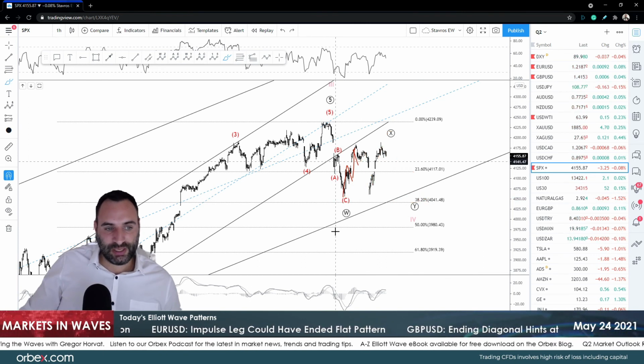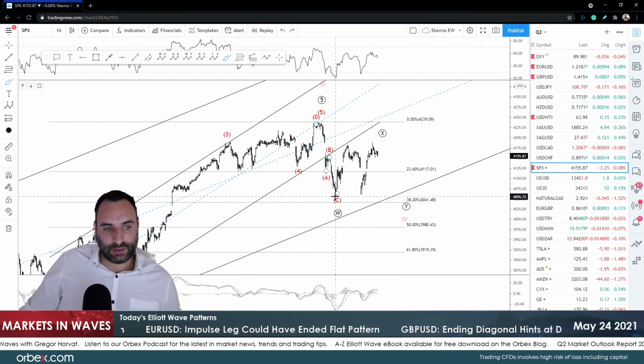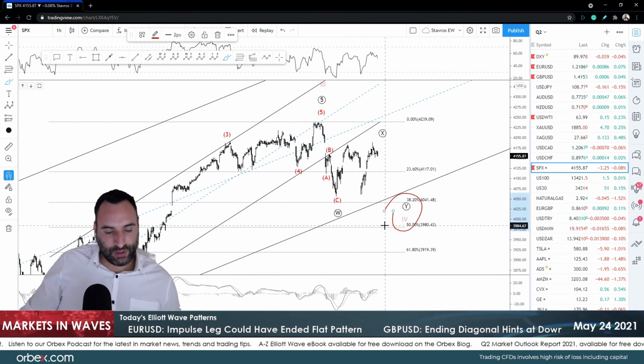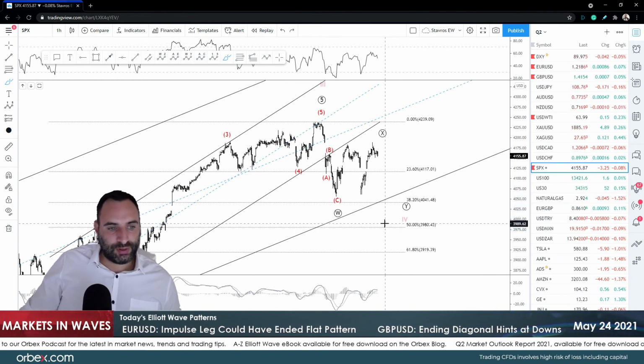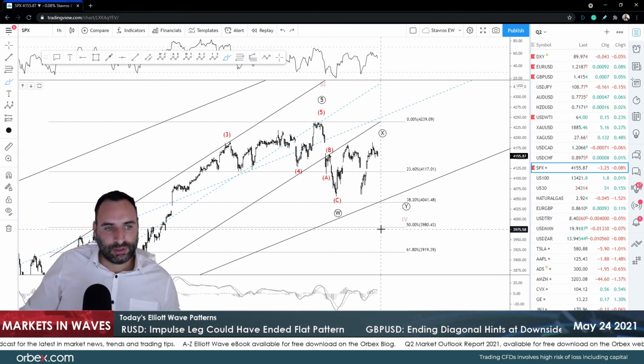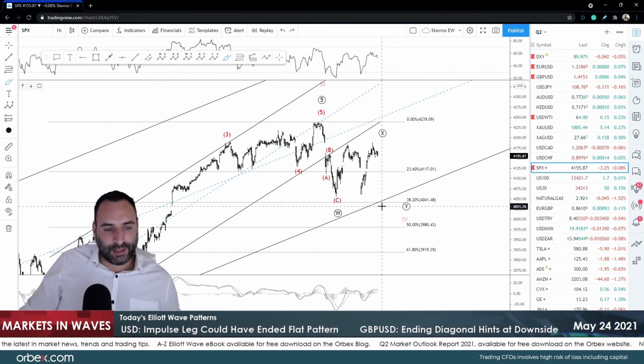What else we missed on the downside leg is the base channel. We didn't get that, and we want wave 4 to be on the channel. Not definitely, but it's a good thing to see.